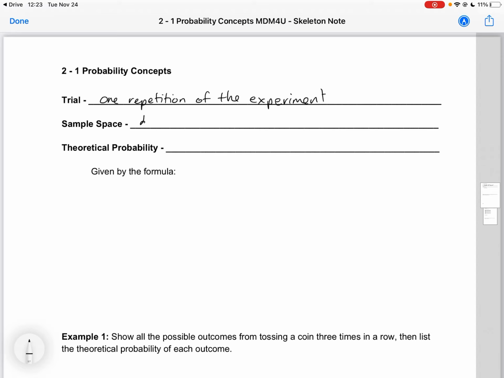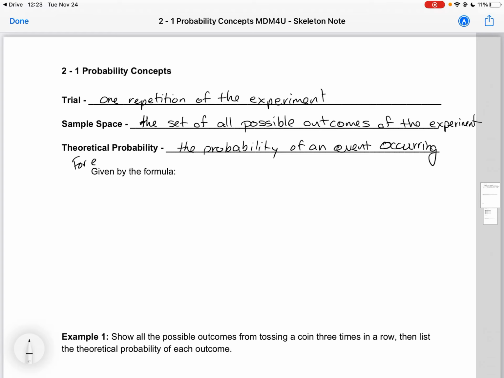Then we have the sample space, which is the set of all possible outcomes of the experiment. And then finally, the theoretical probability, which is the probability of an event occurring.